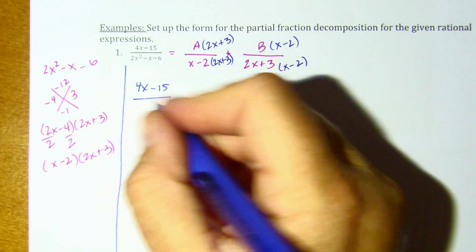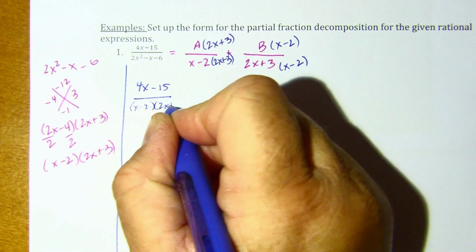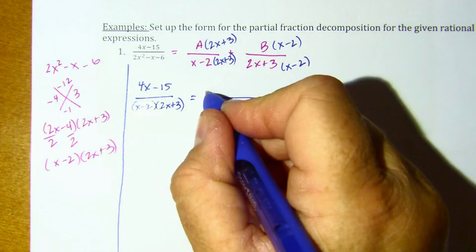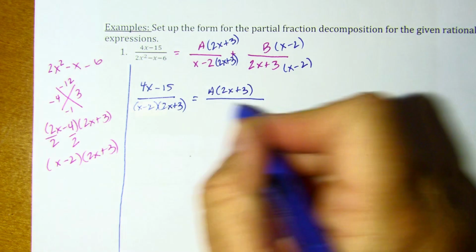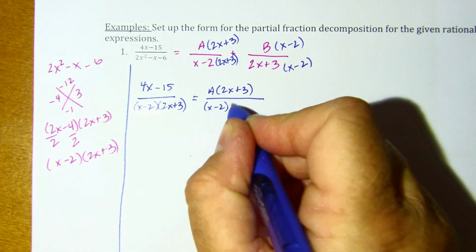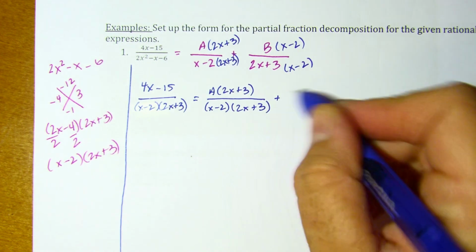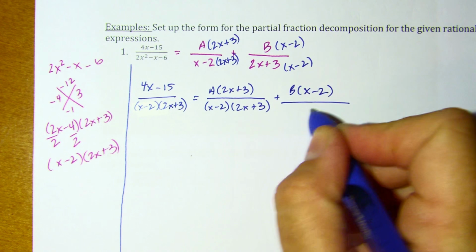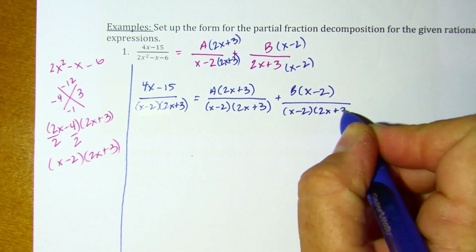We just factored that, and we said that was x minus 2 times 2x plus 3. And over here we have a times 2x plus 3 over x minus 2 times 2x plus 3, plus b times x minus 2 over x minus 2 times 2x plus 3.